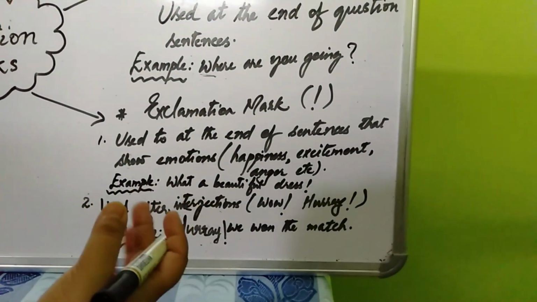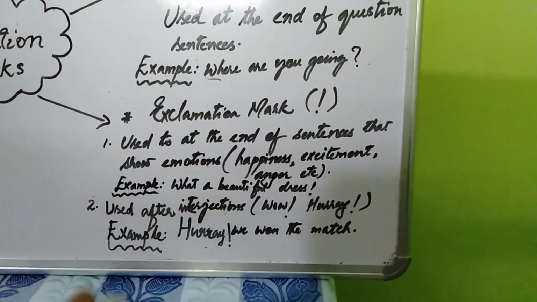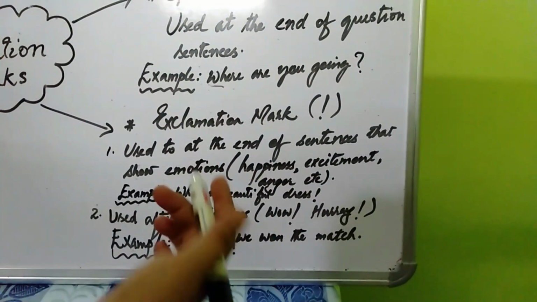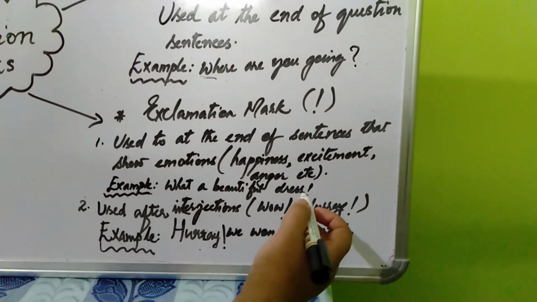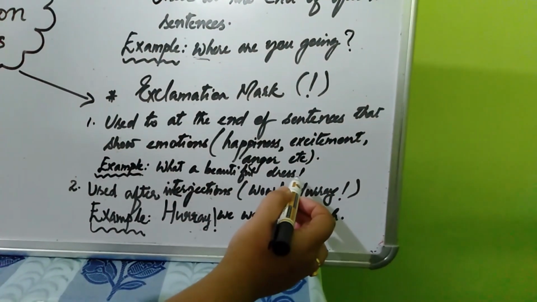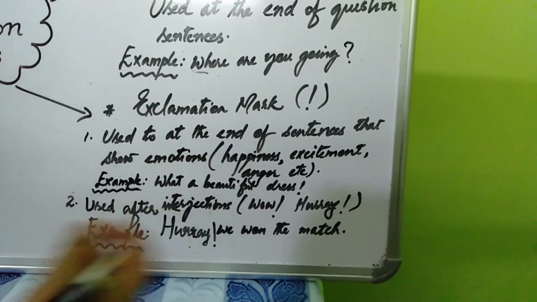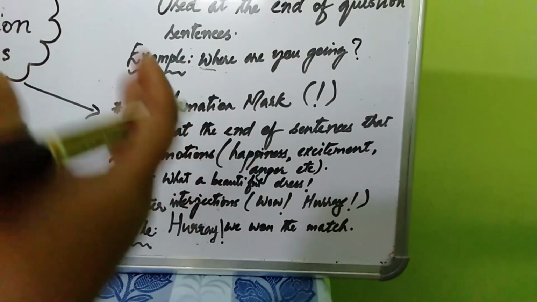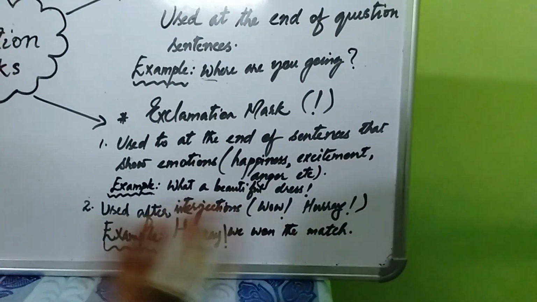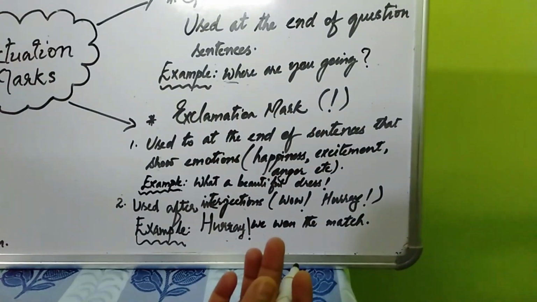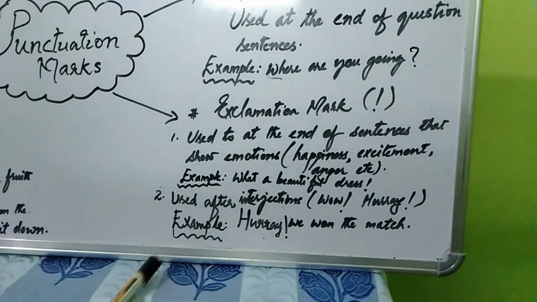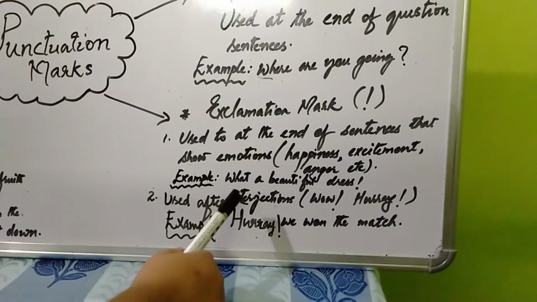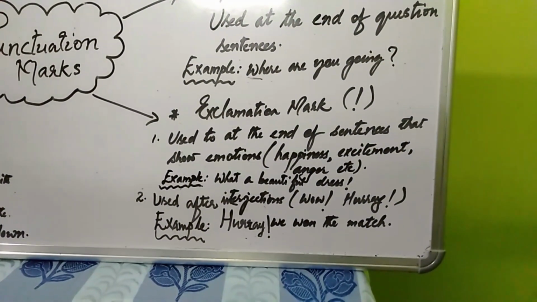So here it is an emotion of what? Surprise, right? At the end of such a sentence we use an exclamation mark because the person who is stating that is amazed by the beauty of the dress. Sudden emotion is there.